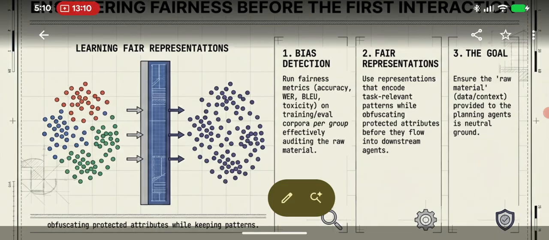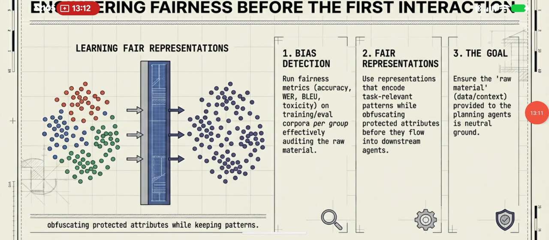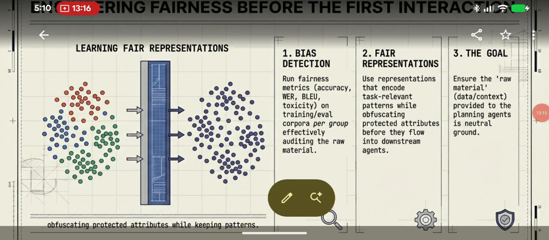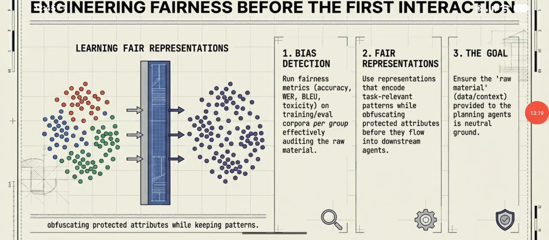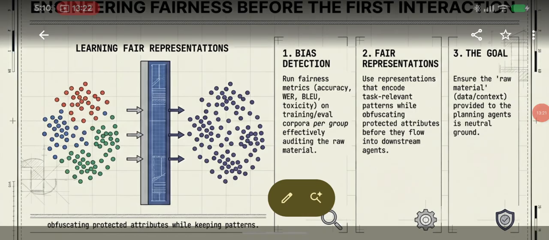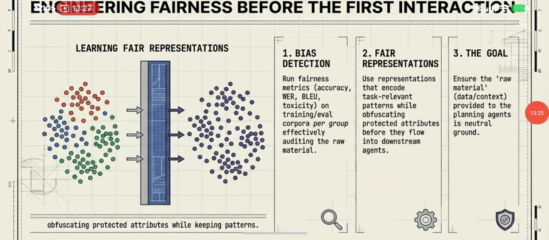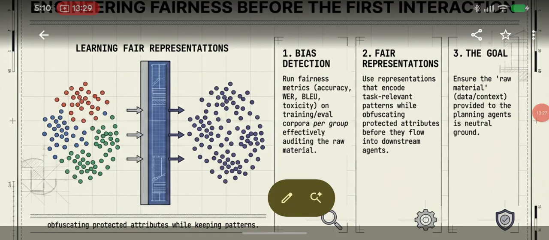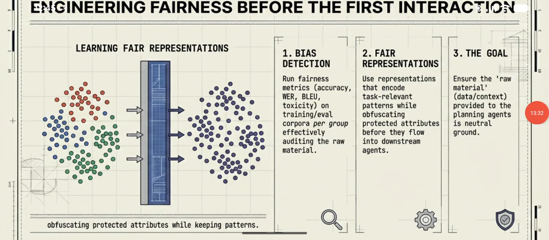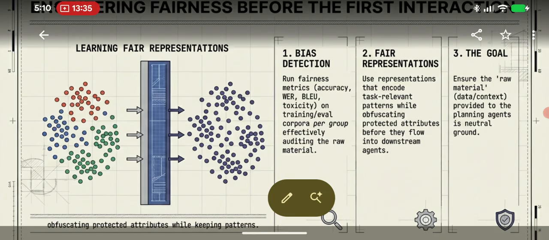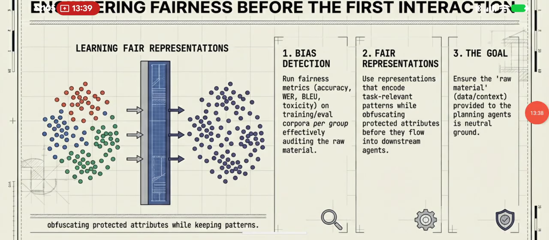Then the data should fairly represent the population, even if there are outliers. Like in day-to-day life, surveys are done, and if the sample population is not correct, the representation is not fair, right? And whatever data is there, it should be able to provide the right context for the goal to the planning agent, and it should be neutral.